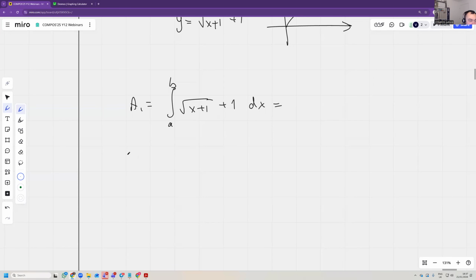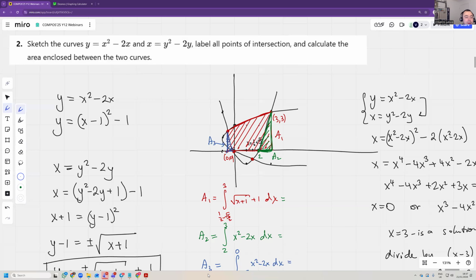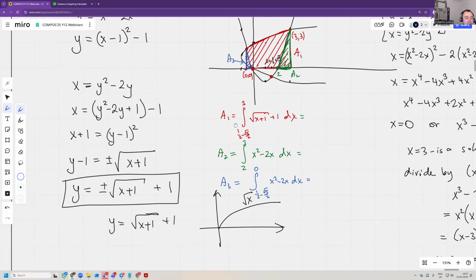Okay, you know what? Let's actually do the limits. Sorry, I'll probably regret it, but a half minus root 5 over 2 and 3. All right, yes.